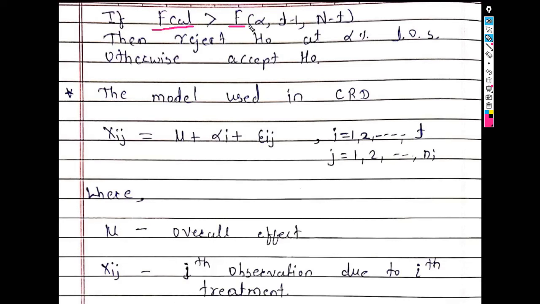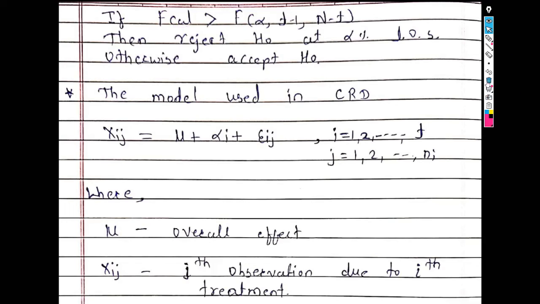Our critical value is F with alpha percent level of significance, treatment degrees of freedom t minus 1, and capital N minus t, the error degrees of freedom. When our F calculated value is greater than the critical value, we reject H0, otherwise we accept H0 at the given level of significance. So this is the statistical analysis of completely randomized design.